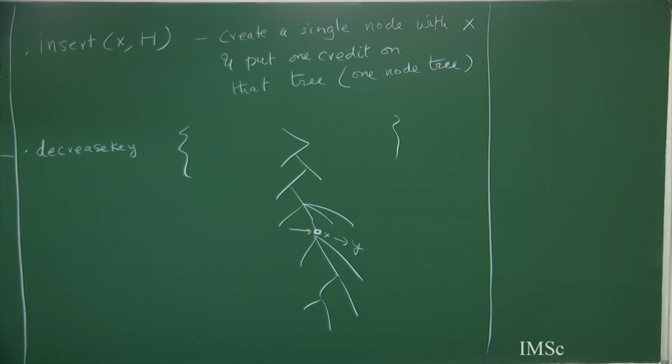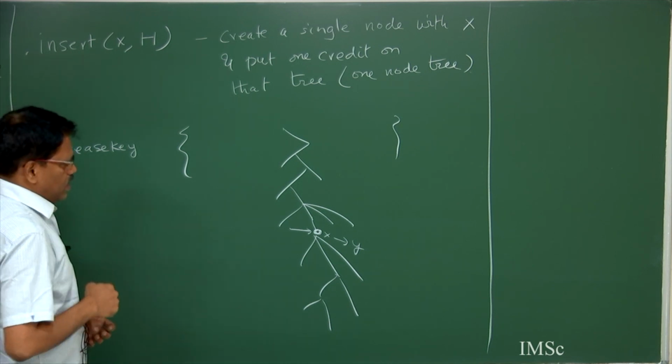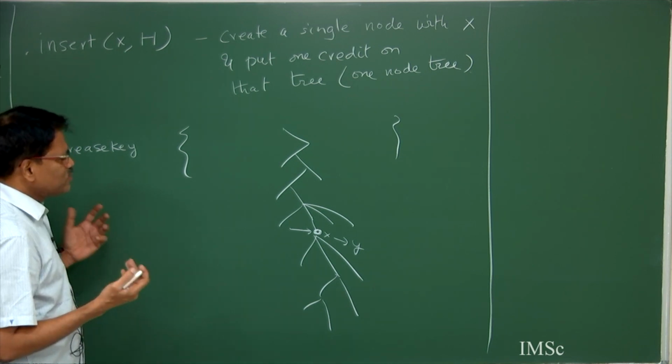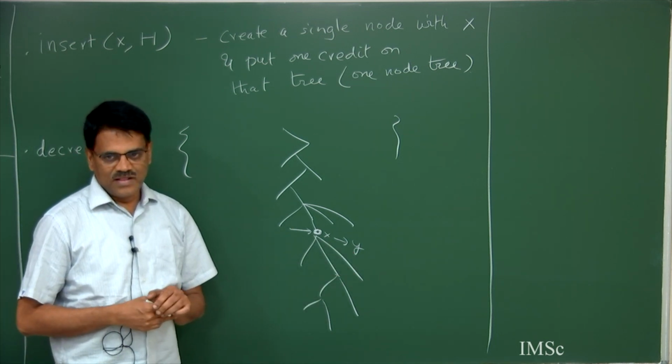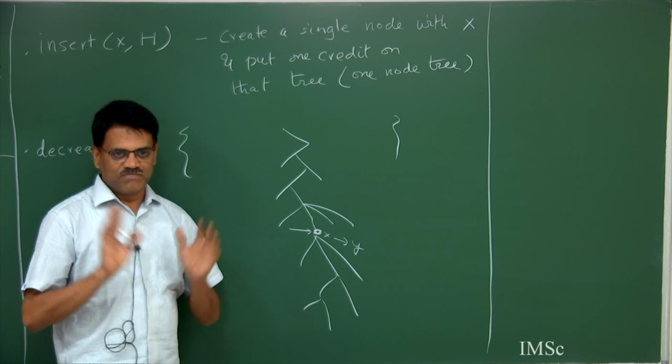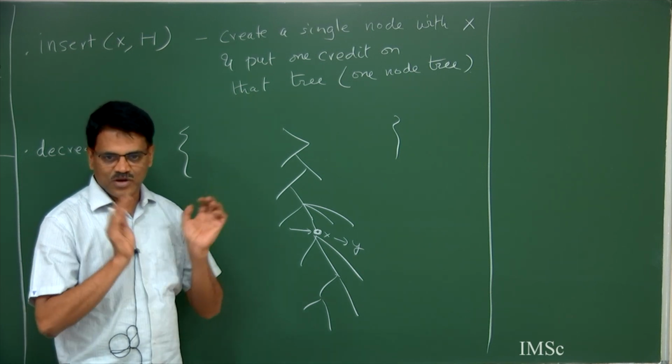So what we are going to do, first we will do some sanity check. If y is larger than x, then we just say no, you wanted to decrease, so I'm not going to do it.